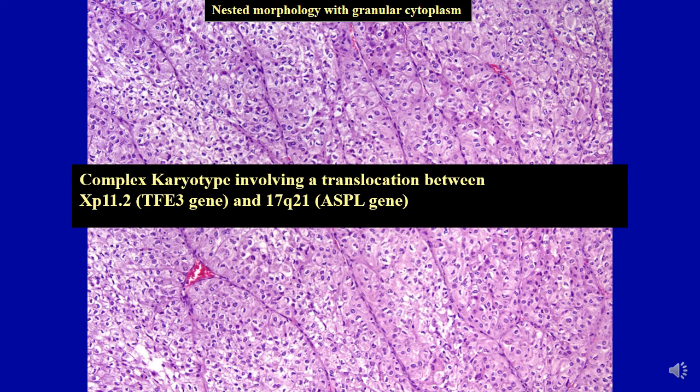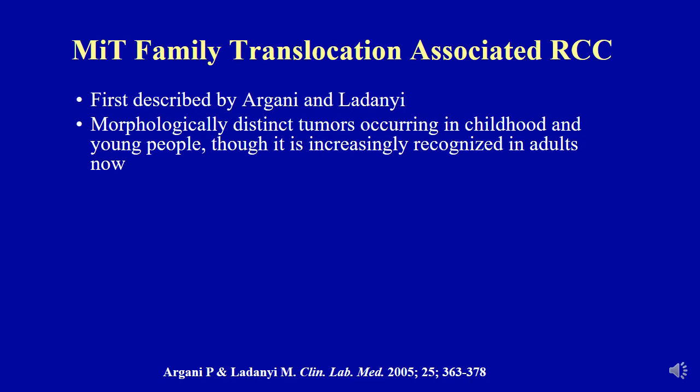A cytogenetic analysis was done on this tumor, which showed a complex karyotype involving a translocation between Xp11.2, which is the site of the TFE3 gene, and 17q21, which is the site of the ASPL gene. So the diagnosis for this particular tumor is MiT family translocation renal cell carcinoma.